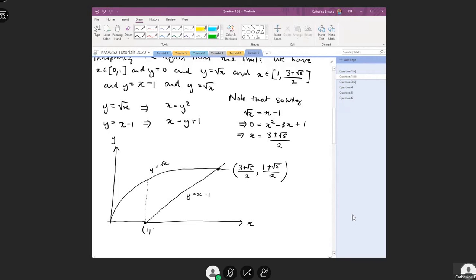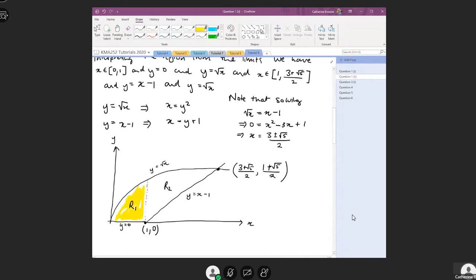So the way that the question had it set up, this was region 1 and this was region 2. Because this is the line y equals 0, in this region we're going from y equals 0 to y is equal to the square root of x, and x is going from 0 here to 1. So that's region 1.